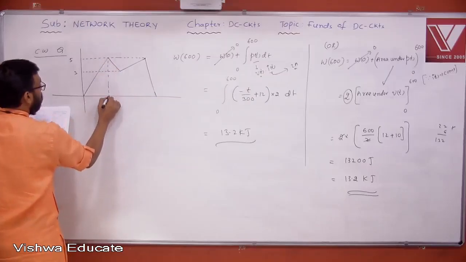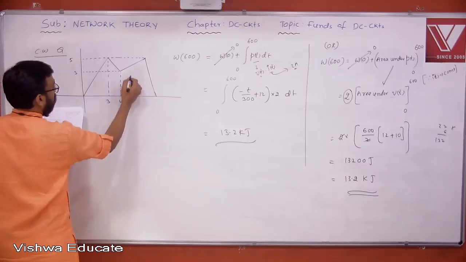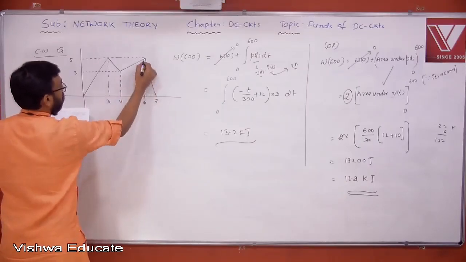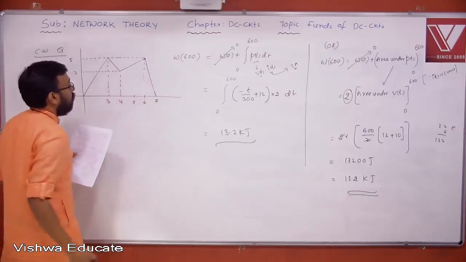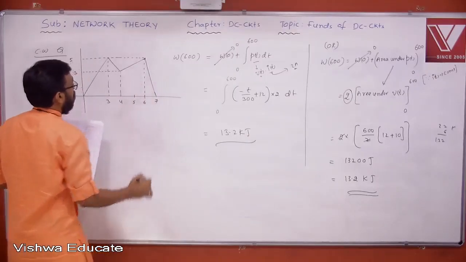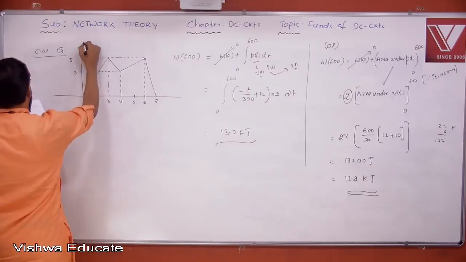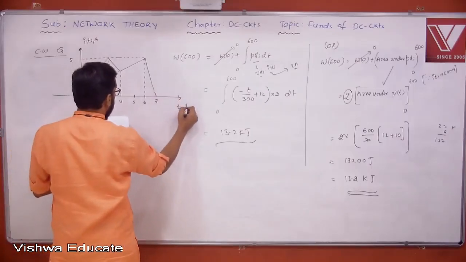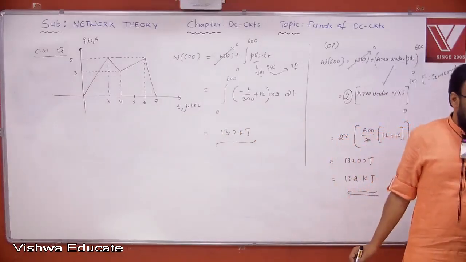This is given here 3, 4, 5, 6, 7. Right? So this is how the problem, I mean the waveform, is given. This is current I of t in amperes. This is in microseconds. Current is in amperes and time is in microseconds.